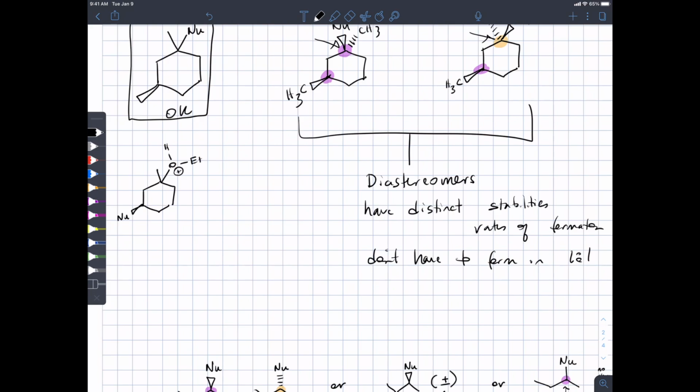That's good enough, but what actually happens in solution is whenever you use ethanol as a nucleophile, likely it is also used as the solvent and is present in vast excess. Okay?